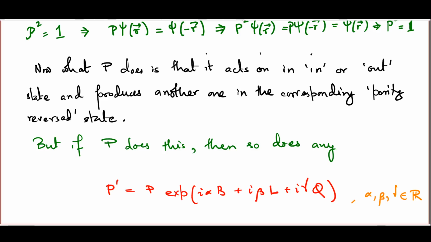That is simply given by e to the power i alpha B plus i beta L plus i gamma Q. Alpha, beta, gamma are real numbers here, and capital B, capital L, capital Q are nothing but the operators which implement baryon number conservation, lepton number conservation, and charge conservation.